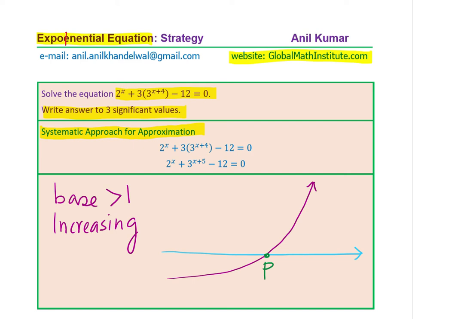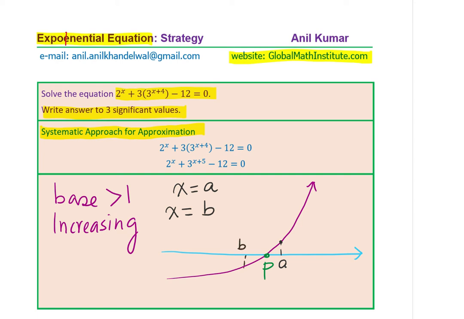Now, how do we approach getting a value at this point? One method is that we can look for a value which could give us a positive value, right? So we look for a value of x, let us say x equals a, which gives us a positive value. Then we look for a value of x equals b, which gives us a negative value.